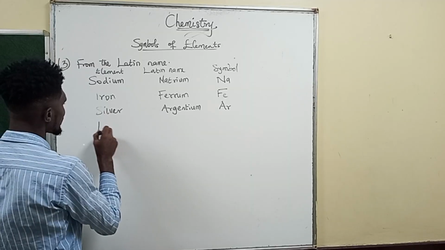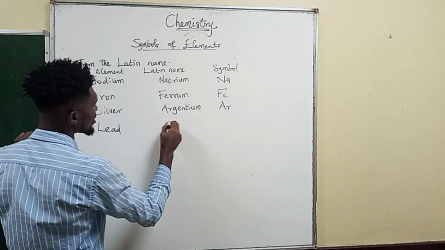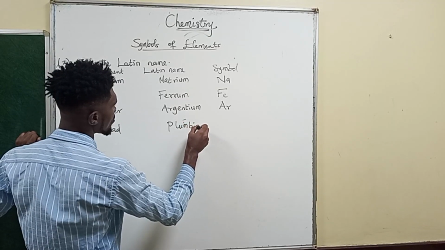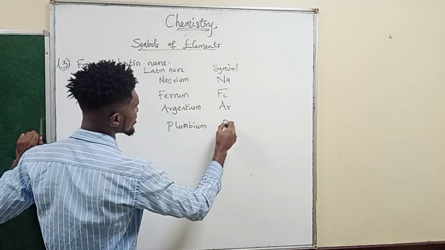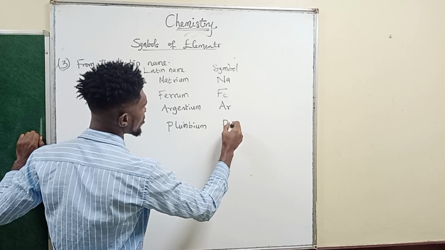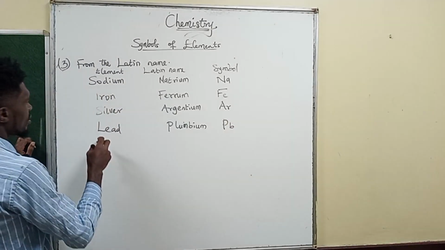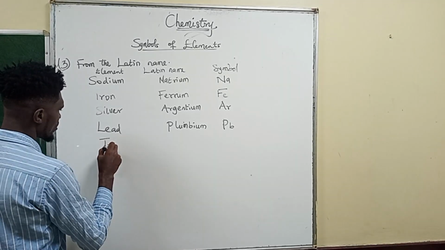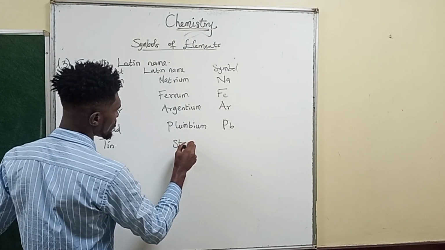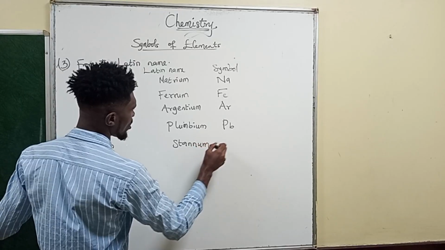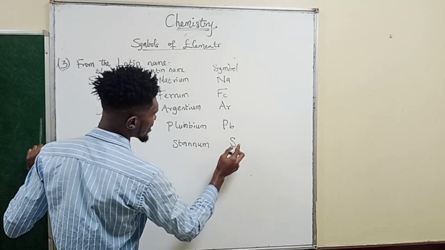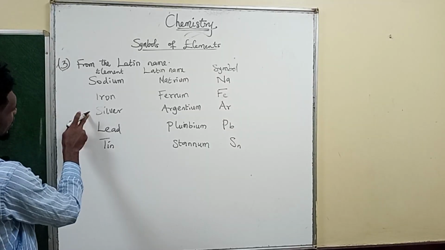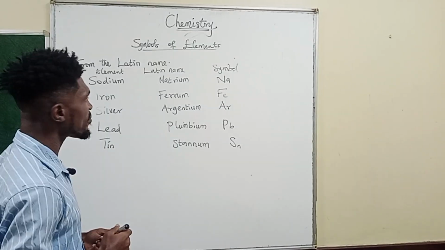We have lead, and it's called plumbium. And we have that capital letter P and small letter B. We have tin. And tin is what? Stannum. And we represent it as what? Capital letter S and small letter N. And then one, two, three, four, five. I think I've given the five I promised.